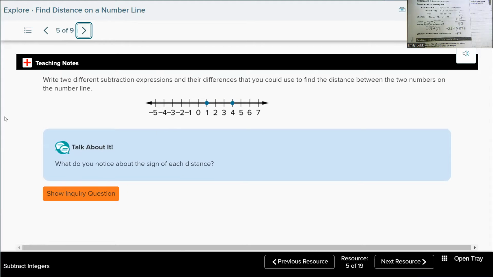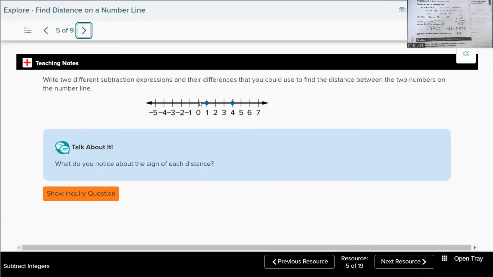So if we write two different subtraction expressions and their differences that you could use to find the distance between the numbers on the number line. Oh man, so if we said 1 minus 4, how would we do this? What could we say? Could we show two different subtractions?